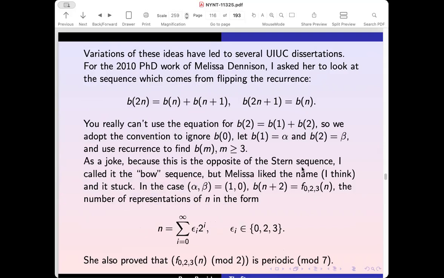And she was willing to accept that as the title, and I think it stuck. With a particular choice of initial conditions, this counts the number of ways of writing n as a sum of powers of 2 with coefficients 0, 2, or 3. Melissa proved that the sequence mod 2 is periodic mod 7.